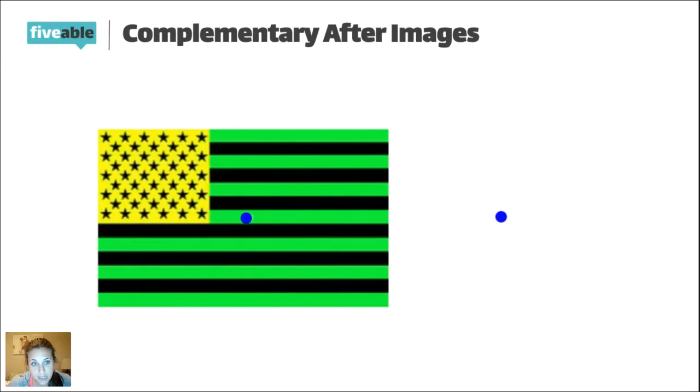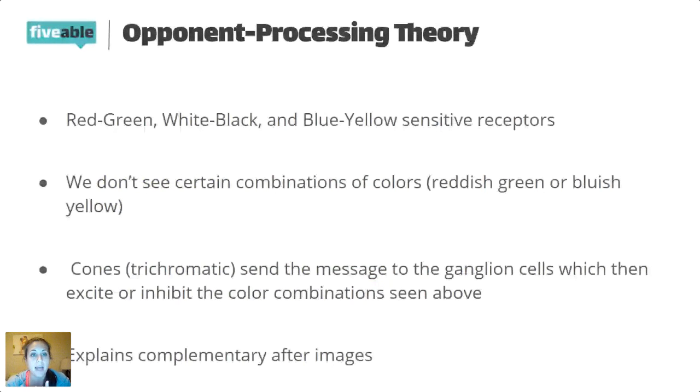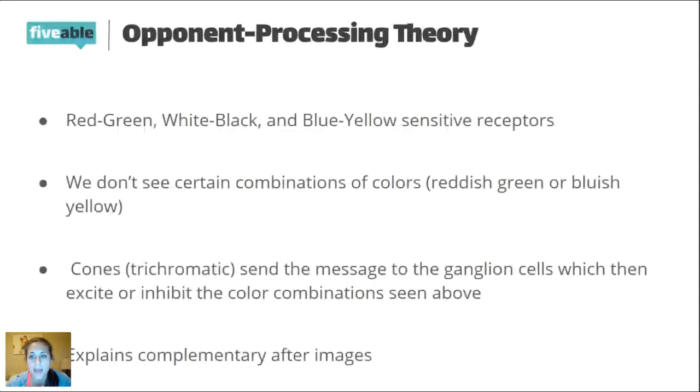You should see, in theory, the correctly colored American flag. The yellow should turn to blue, the black should turn to white, and the green should turn to red. So what's happening here, according to the opponent process theory, is that when you stared at that green, yellow, and black flag, you were really working those receptors.